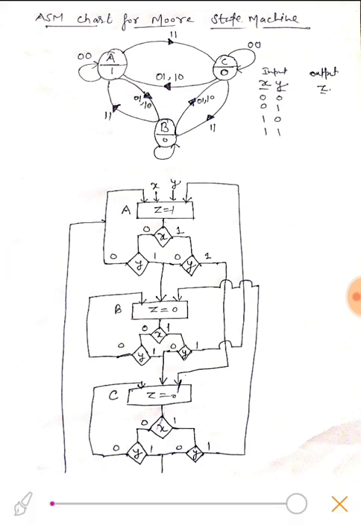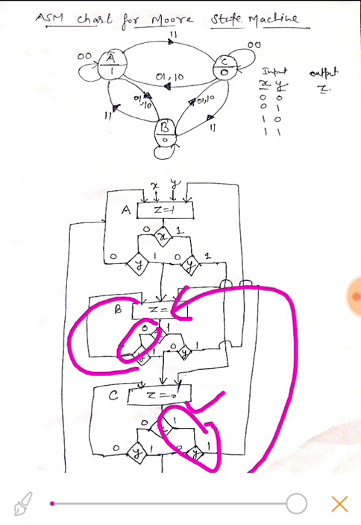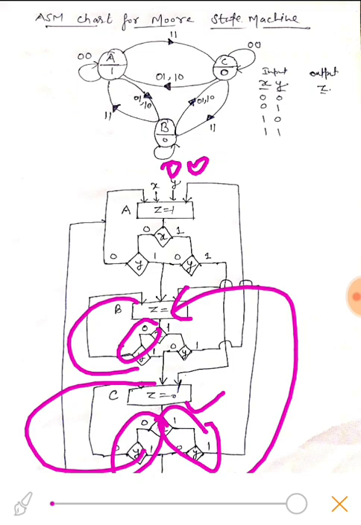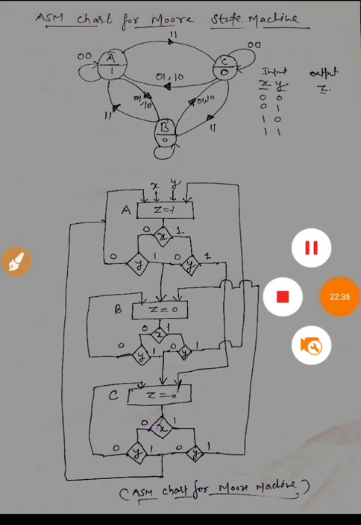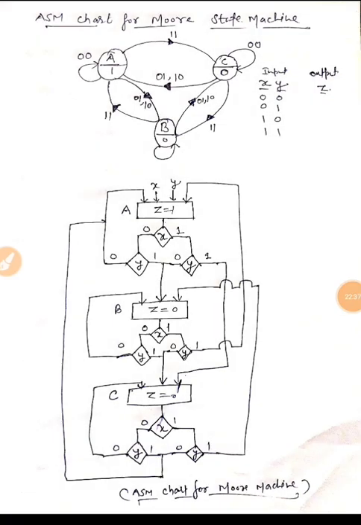If inputs are 0 0, it will remain in state B. Similarly, if it is in state C, for 1 1 inputs it will move to state B, or for 0 0 it will remain in state C. This is how we can generate the ASM chart from an FSM, finite state machine, whether it is Mealy or Moore.